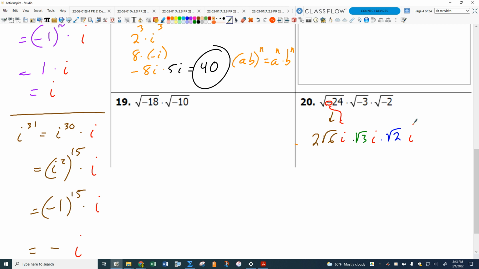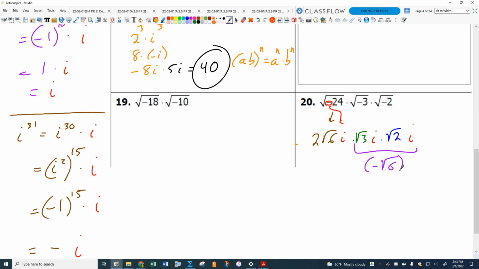And now I just multiply these 3 numbers together in any order I want to. So let's take, how about if we take these 2? Square root of 3i times square root of 2i is what? Square root of 6 I squared, which is negative square root of 6.